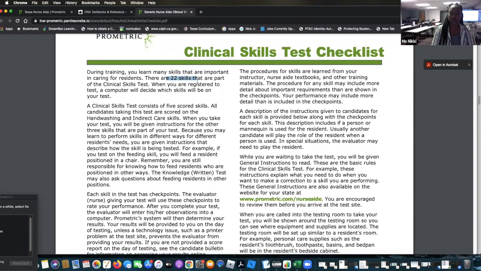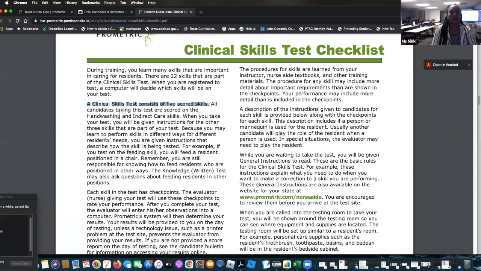So far 22 skills. And then the clinical side. Now clinical means hands-on. Okay, that's your practical. All candidates taking the test are scored on hand washing and indirect care skills. Another test question. Hand washing. So every single one of you will have hand washing and indirect care skills. What does that mean?